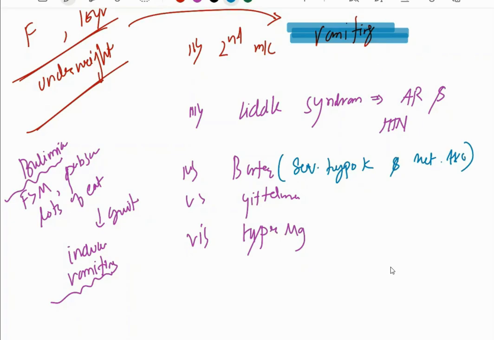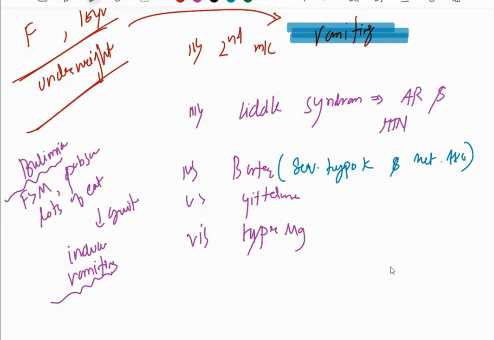In Gitelman, there is inhibition of the sodium-chloride symporter, which leads to inhibition of salt and water reabsorption and potassium and acid secretion into urine, leading to hypokalemia and metabolic alkalosis.